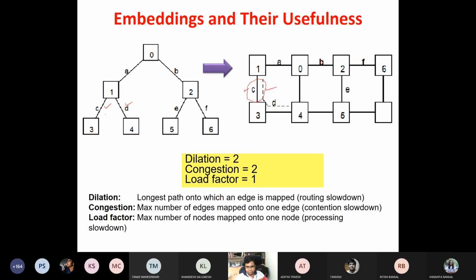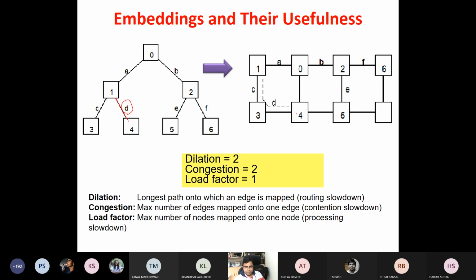Can you explain dilation again? Yeah. Dilation means the longest path to which an edge is mapped. In this example, particularly edge DH, we cannot map directly, because we have already mapped 1 here and only 1 edge can be made, 3 can be made, but for 4 we don't have a free direct neighbor, because already we have mapped 0 and 3. We don't have a direct neighbor from 1, so we need to map to a little bit distant one.